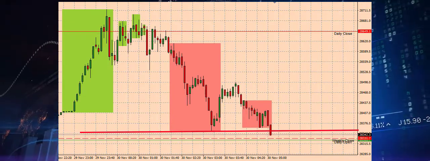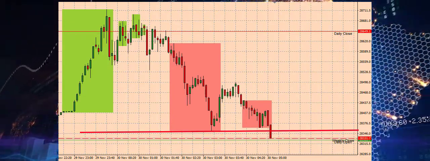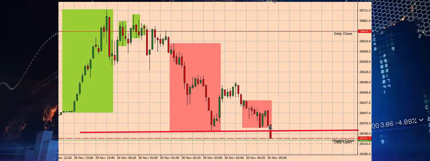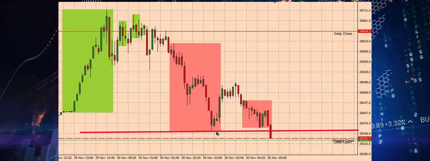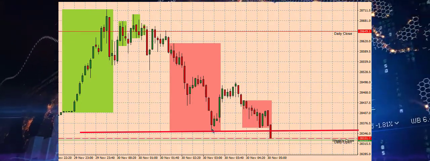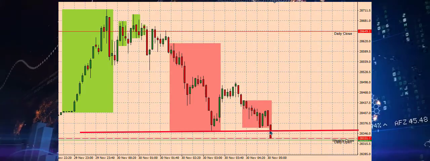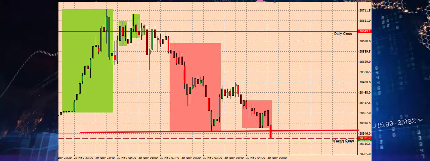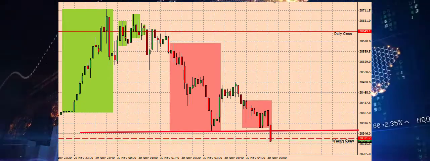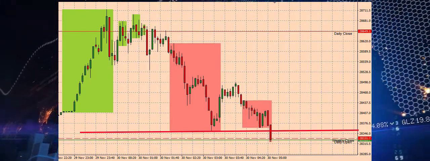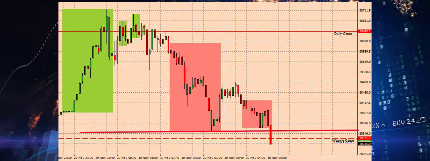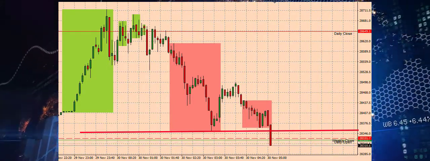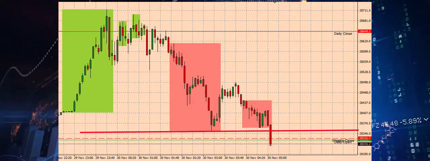Okay. Now you see that this has broken through the bottom of this go zone. So even as a conservative trader, you should be back in on this to go short. And again, you're looking for another 60 points at least.